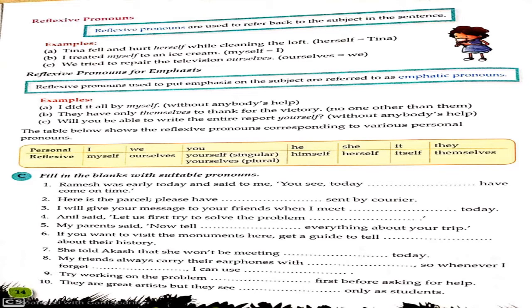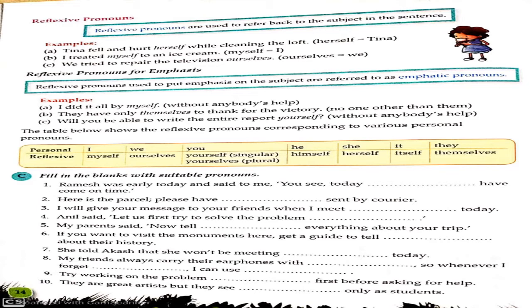I, it will be myself; we, ourselves; you, yourself, singular, plural, yourselves; he, himself; she, herself; it, itself; they, themselves. So when we are converting a personal pronoun I to reflexive, it will become myself. When we are changing we to reflexive, it becomes ourselves, you, yourselves, he, himself, she, herself, it, itself, they, themselves.